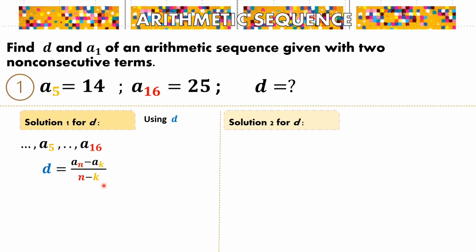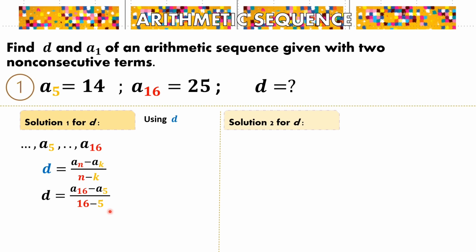So we substitute n, the last term, which is 16, and k is the fifth term, or position of 5. So we have all over 16 minus 5.